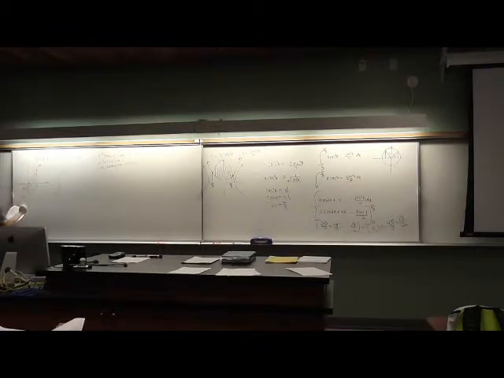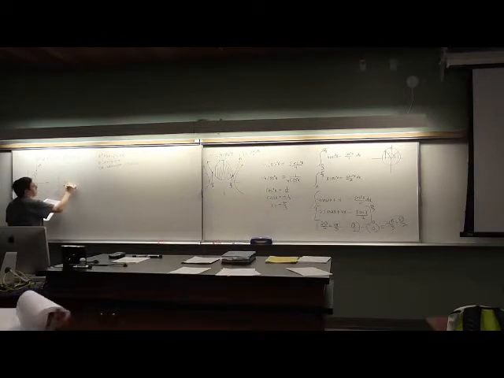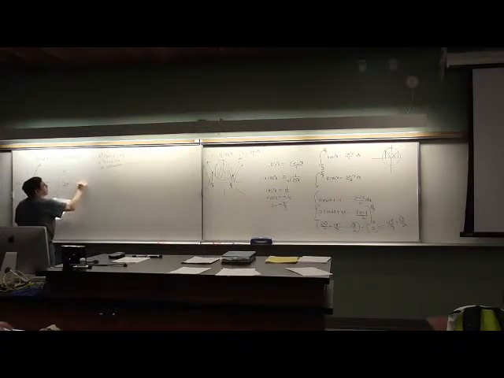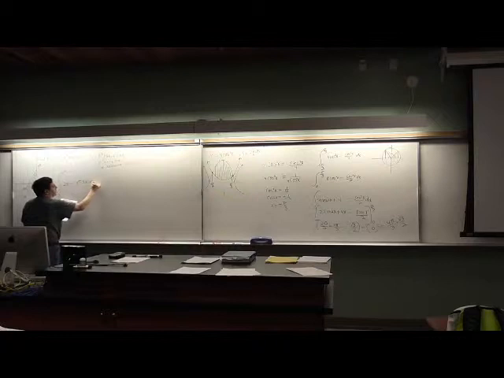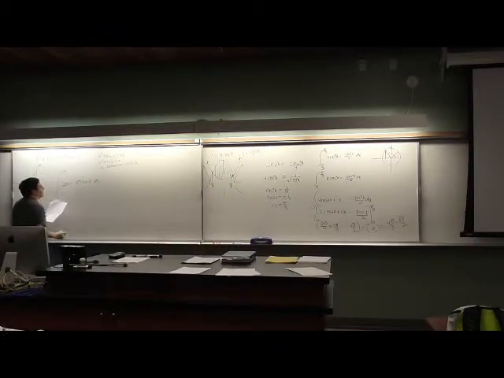Again, 2x is the upper function. So 2x minus x squared minus 3x minus 6 dx, which simplifies to minus x squared minus x minus 6 from minus 3 to 2.